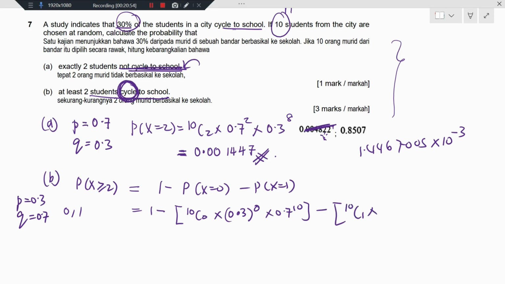Then 10C1, 0.3 power 1, 0.7 power 9. Okay, and then calculate this. This one actually you can cut, so save time on your calculation. 1 minus 0.7 power 10 minus 0.3 times 0.7 power 9 multiplied by 10C1.